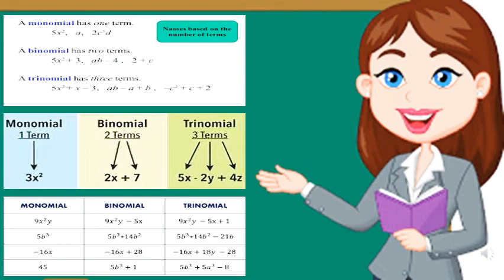And don't be confused, if two terms are connected using division sign, then it is called as a monomial only. Only if the two terms are connected using plus sign or minus sign, it is called as a binomial. And then trinomial will have three terms where these three terms are connected using either plus sign or minus sign. So hope all of you understood what are monomials, what are binomials and what are trinomials.